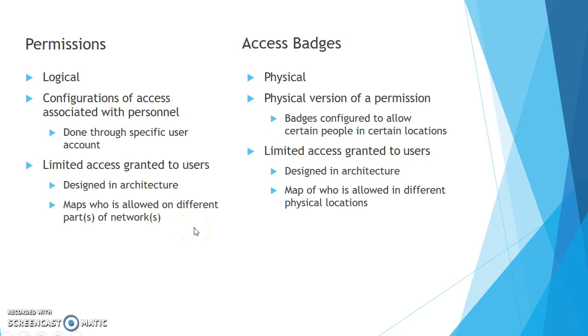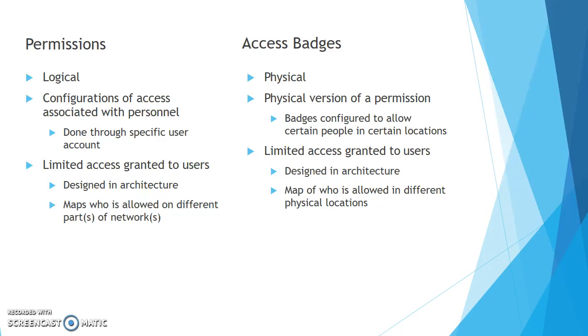Permissions are a logical security and access badges are a physical security. Both do relatively the same job. One is just physical and one is technological. A permission on the computer will give a certain user access to certain networks or certain information. This is managed through their login account, which is determined by an IT department as they are hired.